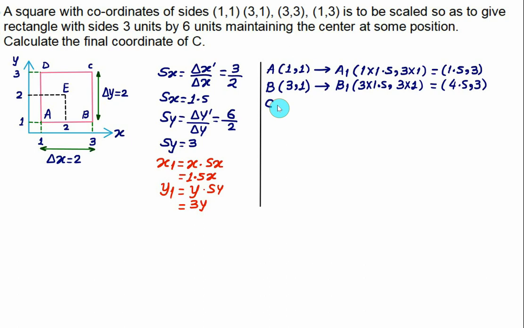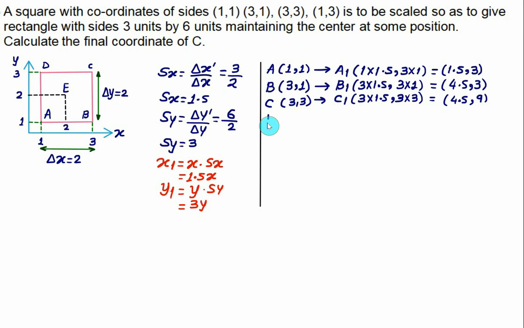C, which has the original coordinate equal to 3, 3, will become C1 as 3 multiplied by 1.5, and Sy is equal to 3 into 3. That is equal to 3 into 1.5 is 4.5, and the y coordinate becomes 9.